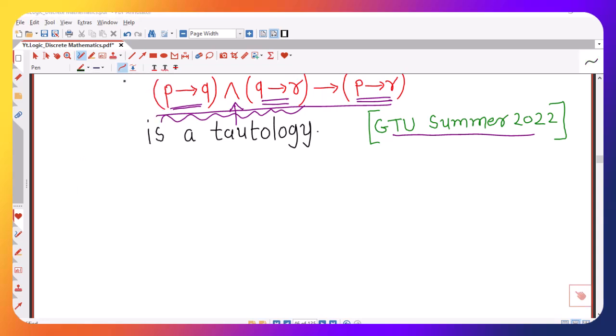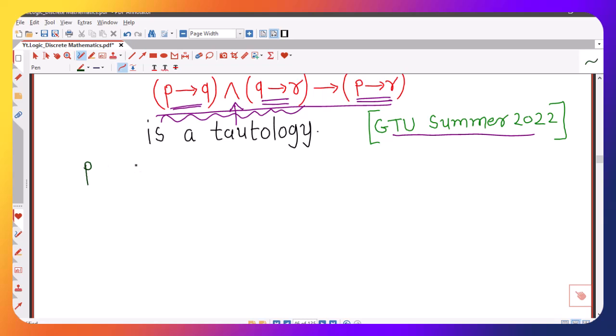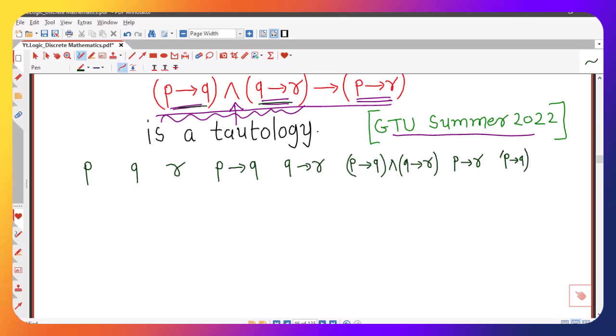So first I am writing these three propositions P, Q and R. After that, I will require P to Q, then Q to R, and then this conjunction of P to Q and Q to R. So I am writing first P to Q and Q to R. Then I will require P to R also, and after that we will be able to find out truth values for P to Q and Q to R, and this implies P to R.